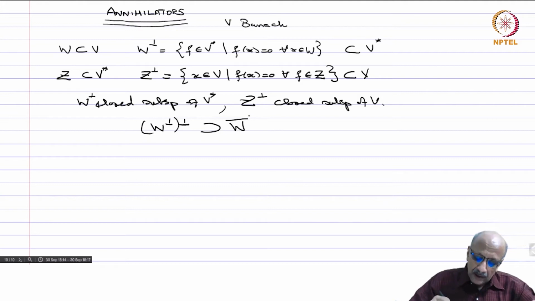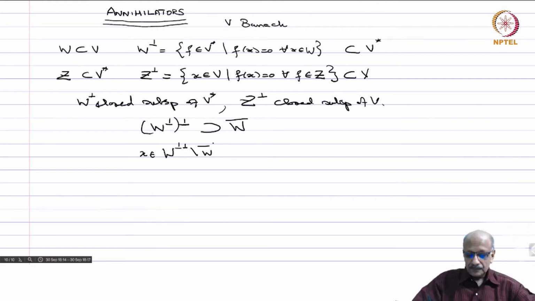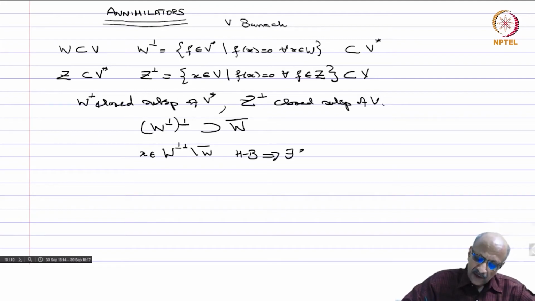Now, do we have equality? Yes, we do. Suppose we have an x in W perp perp minus W closure. Then Hahn-Banach tells you there exists an f in V star such that f of x is not 0, but f restricted to W is identically 0.